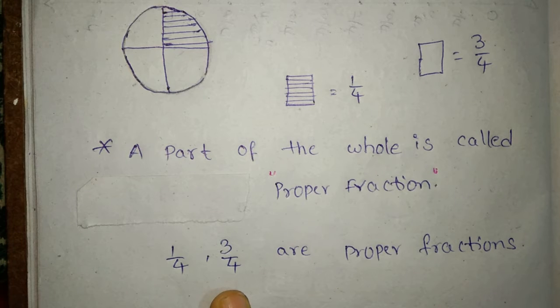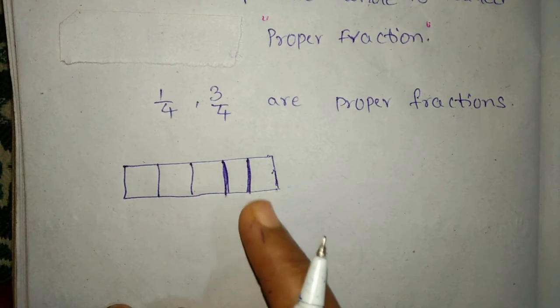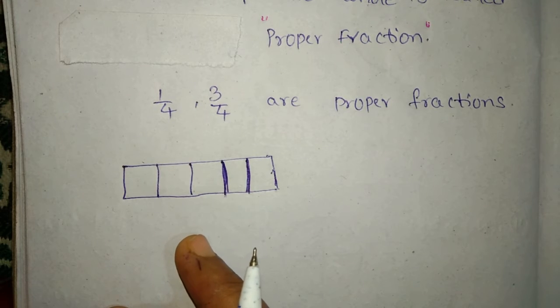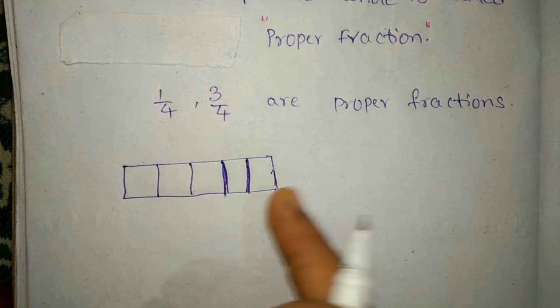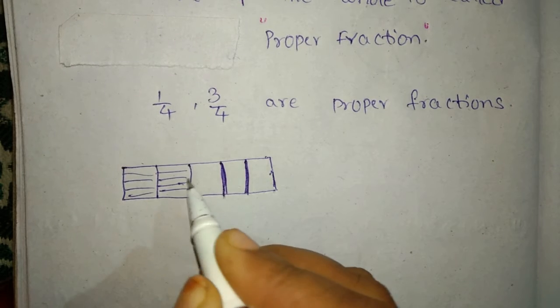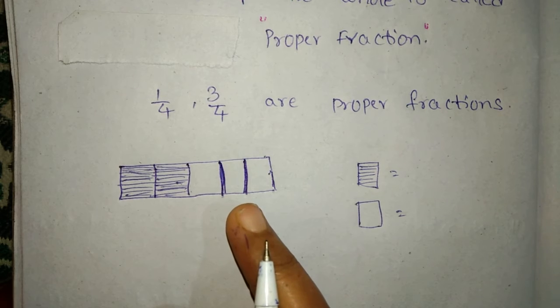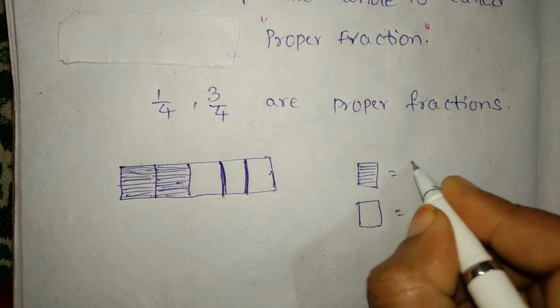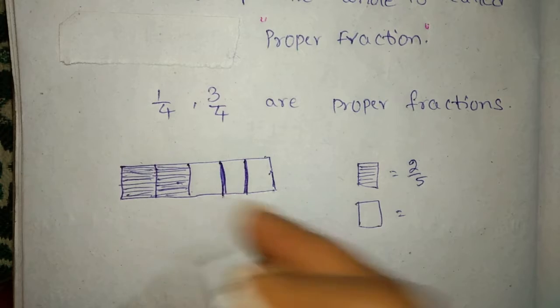Not only a circle, if you take any other figure, a rectangle, if it is divided into 5 equal parts and here 2 parts are shaded, the shaded portion represents 2 out of 5 and the unshaded portion represents 3 out of 5.